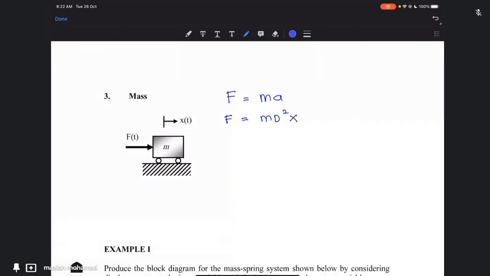So now we know the basic equations for a spring-mass system: for the spring, the damper, and the mass. Now, how do we draw a block diagram if there is a combination of these?